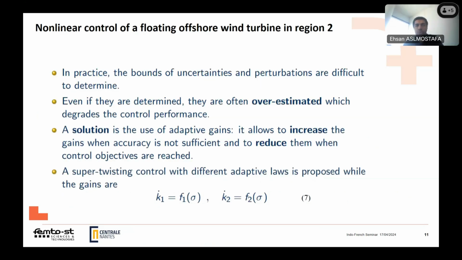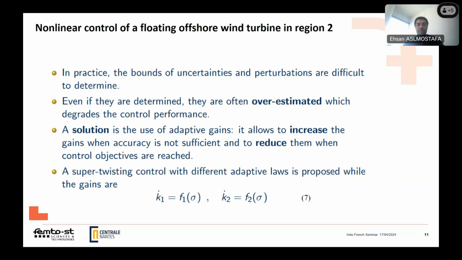If we want to use the fixed gain super twisting, we may face some problems because we know that the bounds of the perturbation in practical systems are difficult to determine. Even if they are determined, they are somehow overestimated.